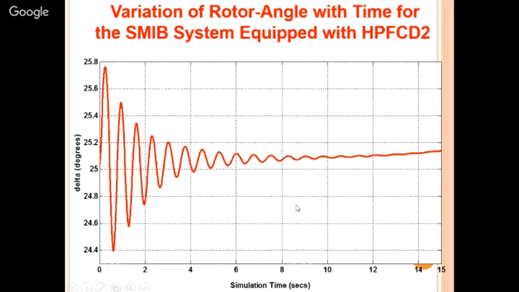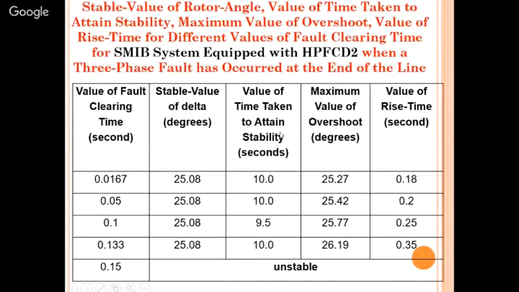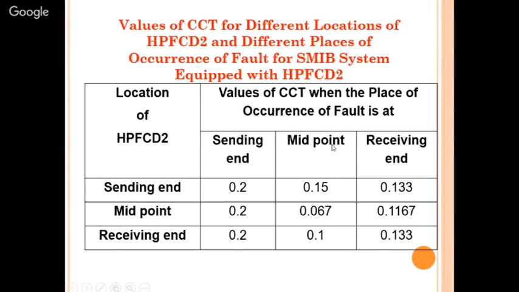Then we noted the various values of delta, time taken to attain stability, maximum value of overshoot, rise time, etc. And we found again in this case the delta value is almost stable, the maximum value of overshoot is also stable, the rise time increases, and the time taken to attain stability is also almost stable. Similarly, again we placed it at the sending end, midpoint, and receiving end, as well as the fault was created at the sending end, midpoint, and receiving end, and the value of critical clearing time was noted.